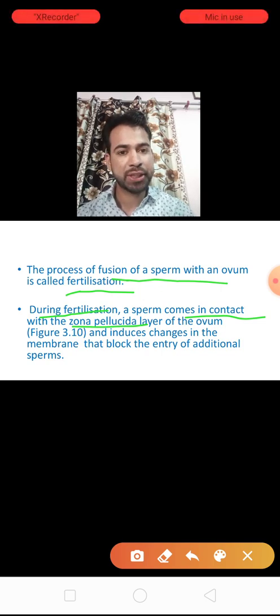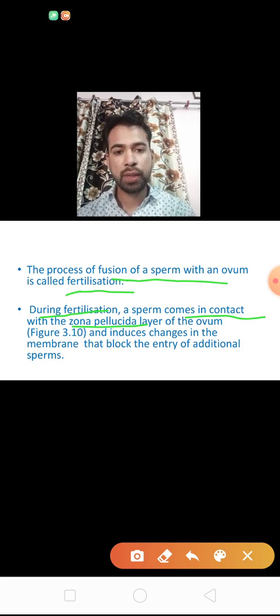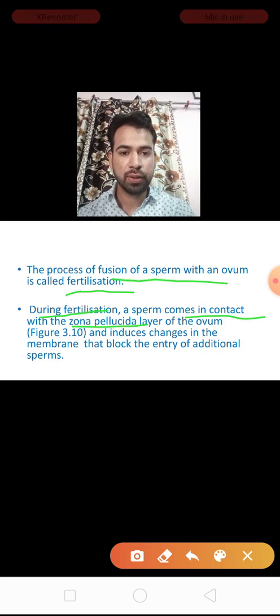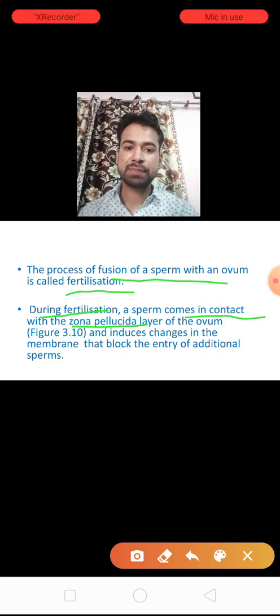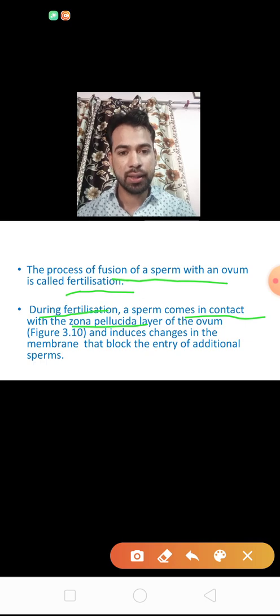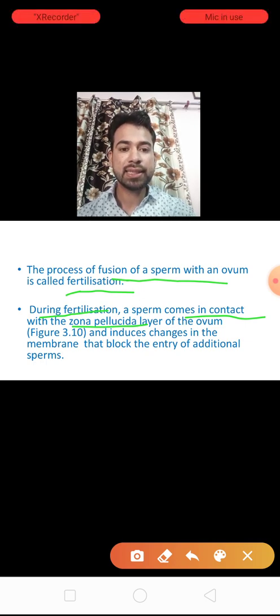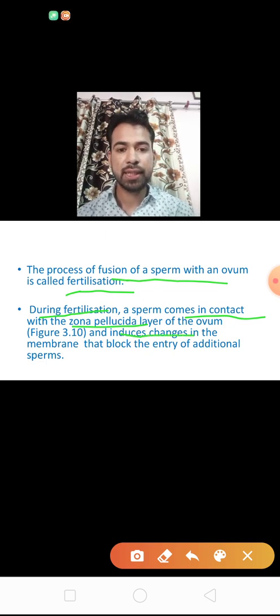I will show in the picture where the zona pellucida layer is found. When the sperm comes in contact with the layer, certain changes occur in the membrane.